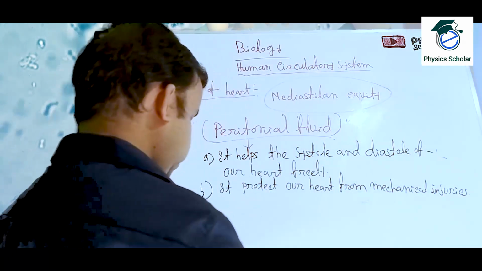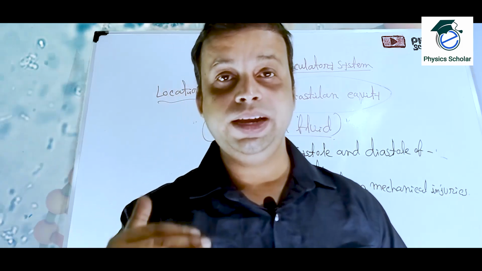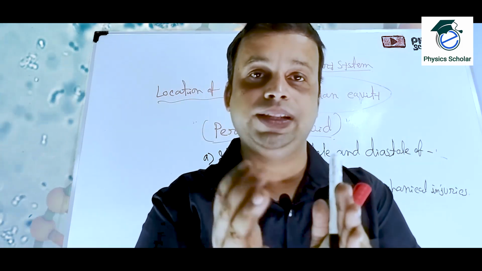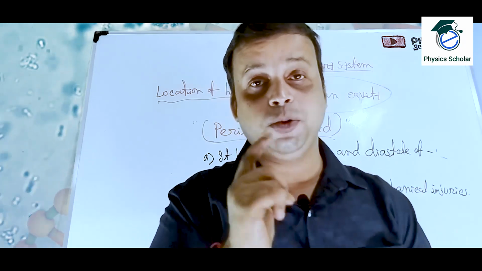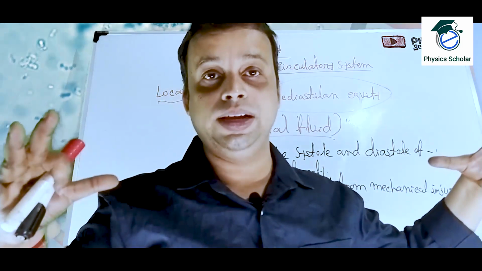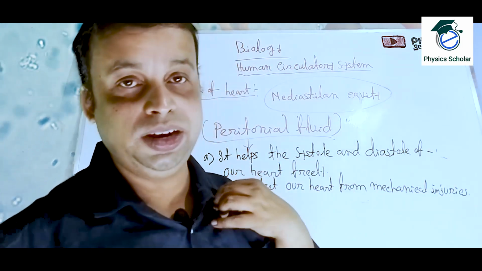Clear? So what is the function of this peritoneal fluid? Basically, between the two layers the fluid is there, so it protects our heart from mechanical injuries, as well as it helps the heart to expand and contract freely. Clear? So this is the function of the peritoneal fluid.